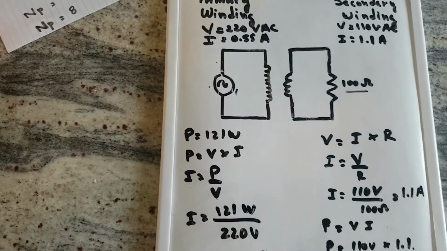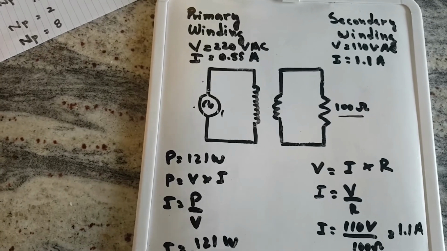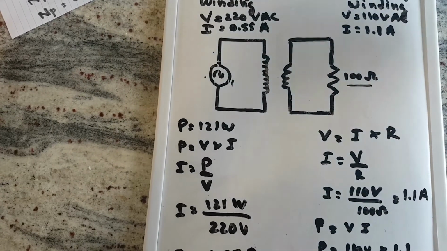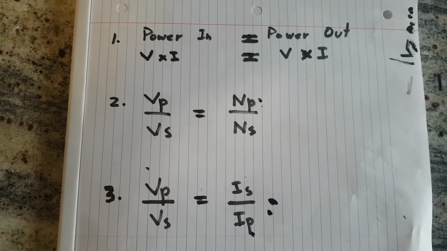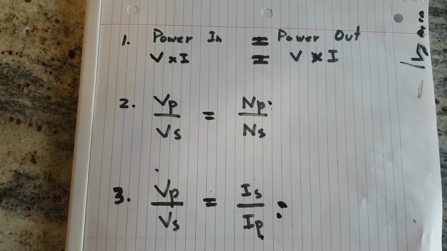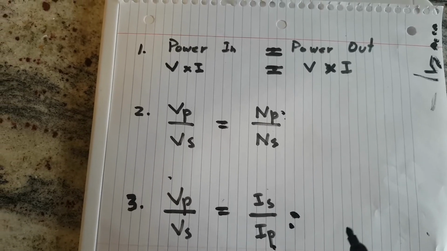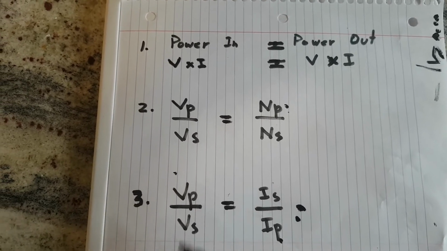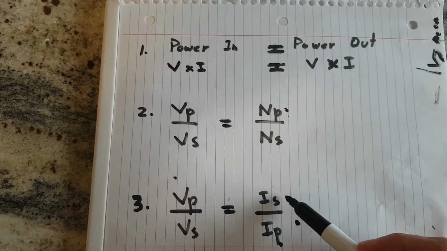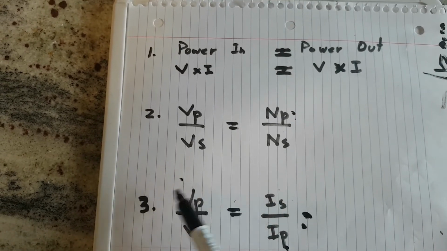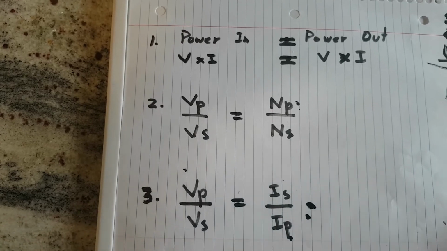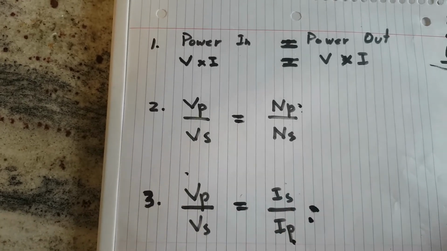Okay, so we solved the problem this way, but there is another way to calculate the current in the primary side. Since we have both voltages and we have the current in the secondary side already, we can also use this formula instead of going by Ohm's law. So I will show you this other way.